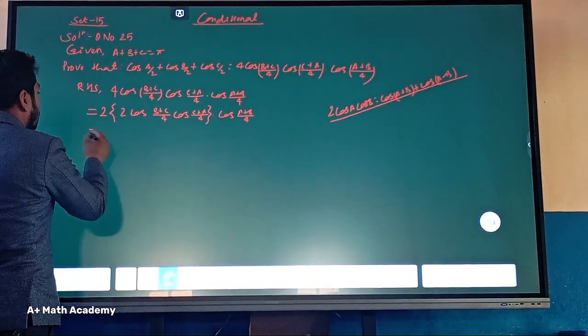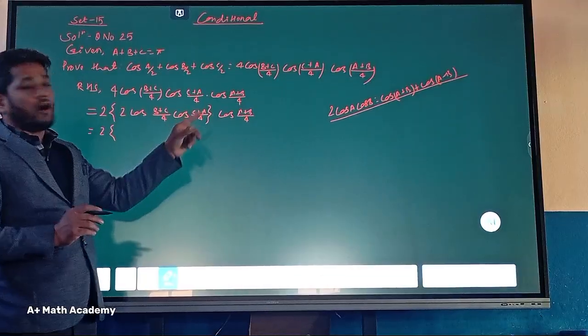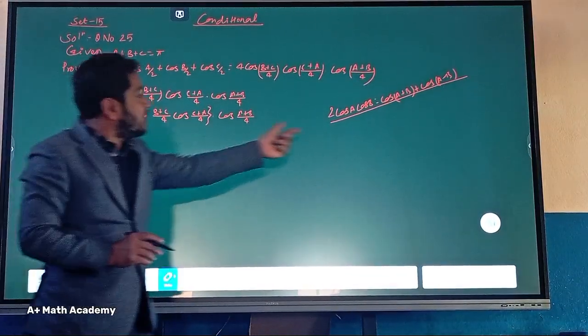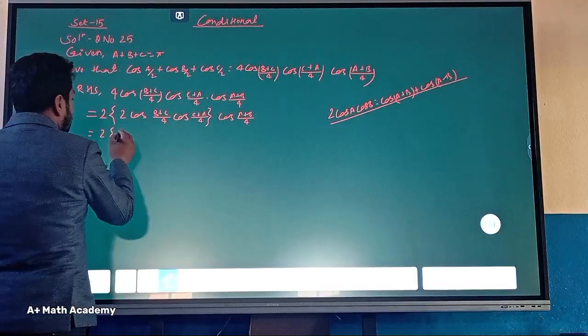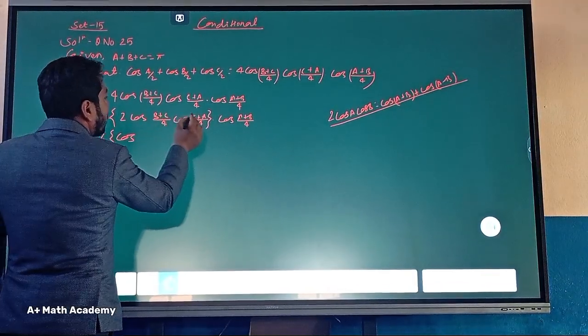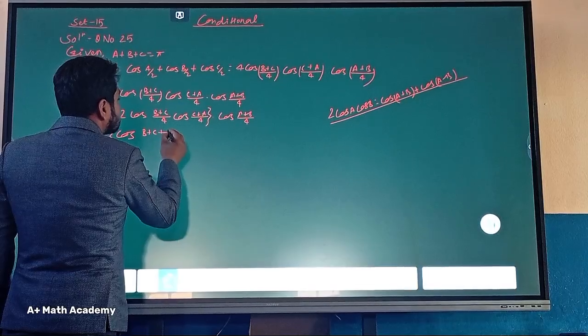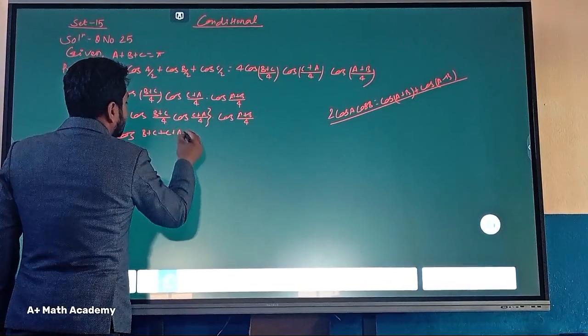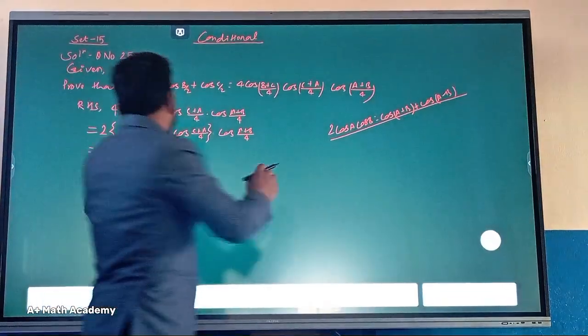Now what happened here? Look at the 2 cos A cos B form. It is in 2 cos A cos B form, and I have already written the formula. So cos of the sum, directly: how do you know?